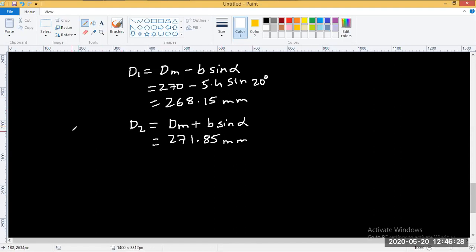So these two diameters you can just imagine. If you want, you can draw a small figure and represent that. Let's say this is the cone clutch. Here this is B, the face of the cone. This is a cylindrical body, and this here is D1.